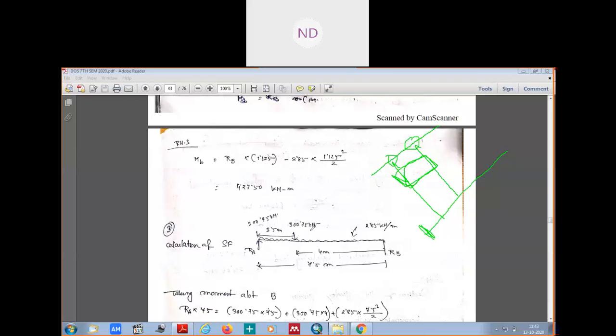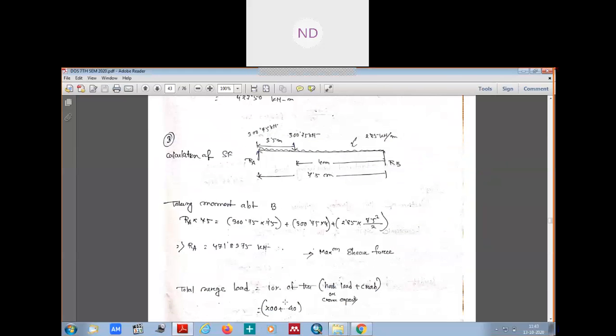Once we know this, we can calculate RA and RB, taking moment about B. We get RA into 7.5 minus 300.75 into the total distance 7.5, then again 300.75 into the distance 4, plus the UDL 2.85 into 7.5 whole square by 2.